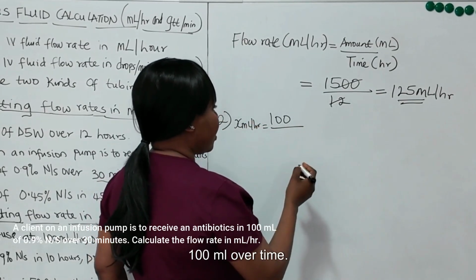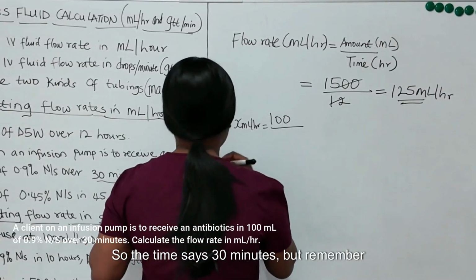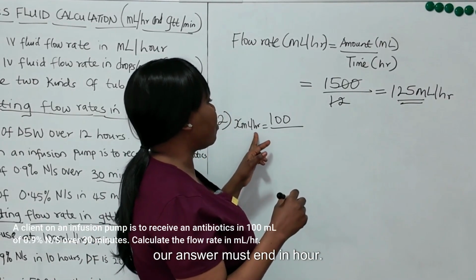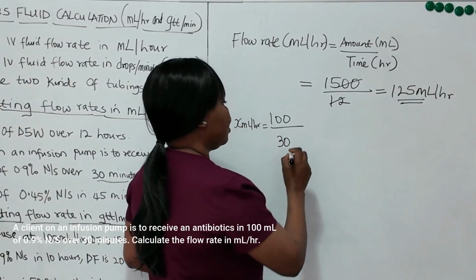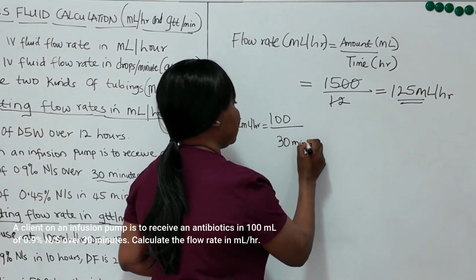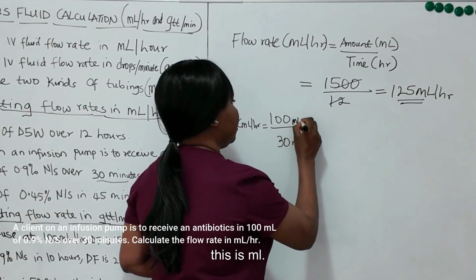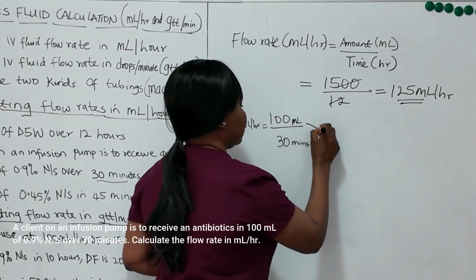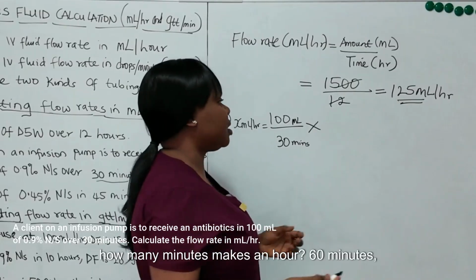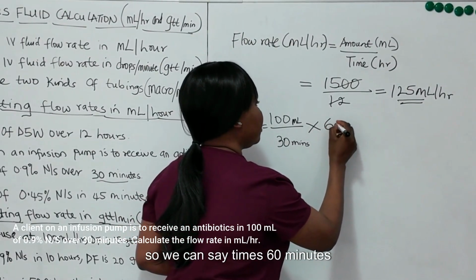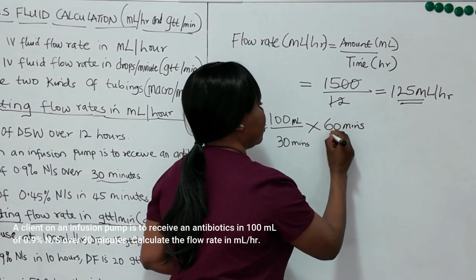100 ml over time. The time says 30 minutes, but remember our answer must end in hours. So we say 30 minutes, times, now how many minutes make an hour? 60 minutes. So we can say times 60 minutes over 1 hour.